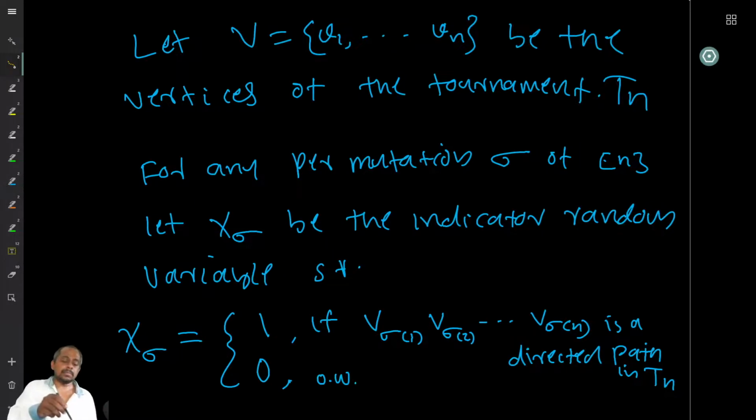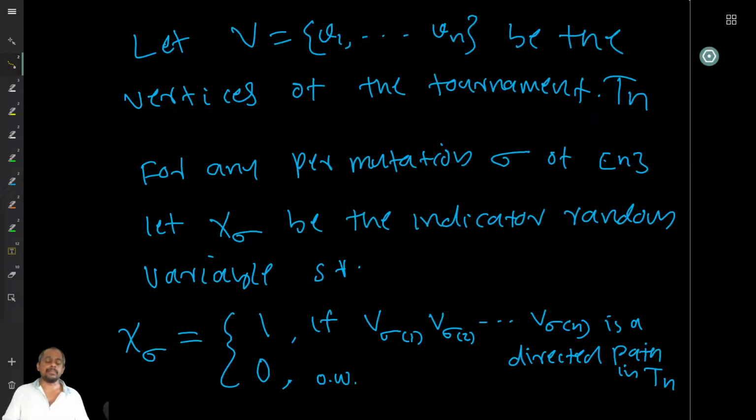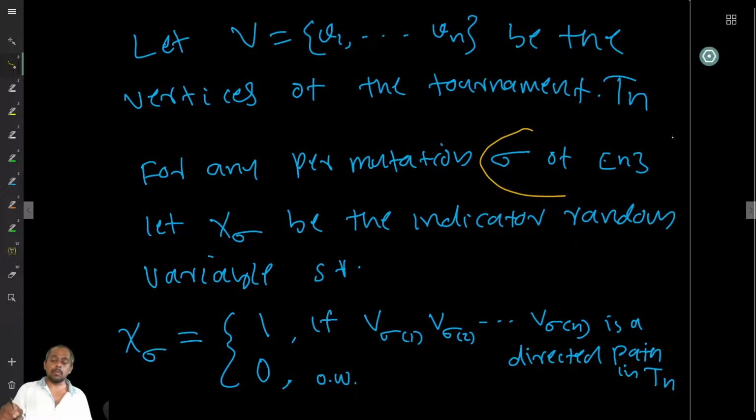So we label the vertices of the tournament Tn by V1 to Vn. Now for any permutation of 1 to n, we have n factorial permutations of the set 1 to n. We have studied it before. Take any of the permutations, let's say sigma, and let X sigma be the indicator random variable.